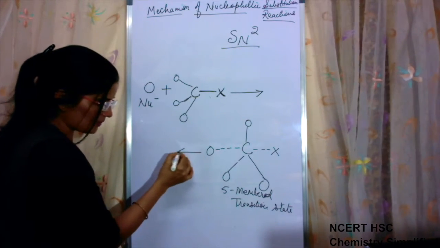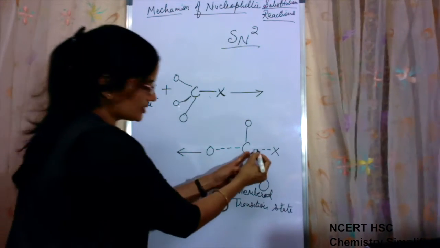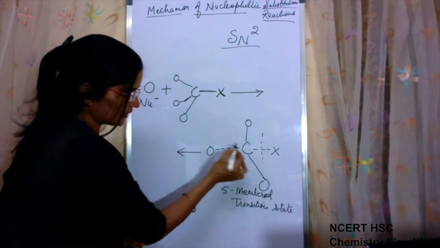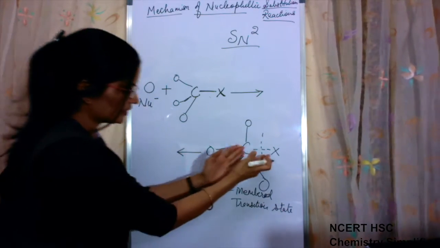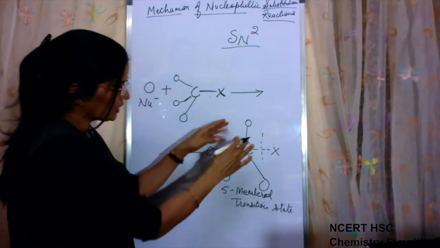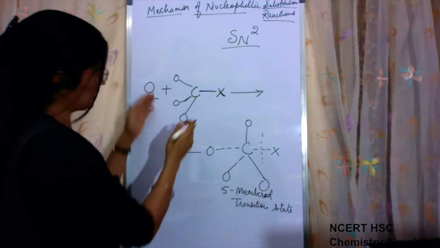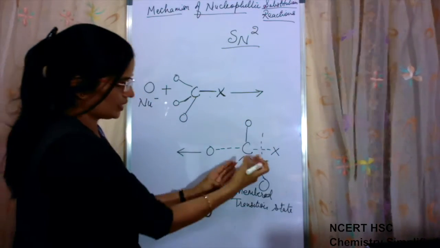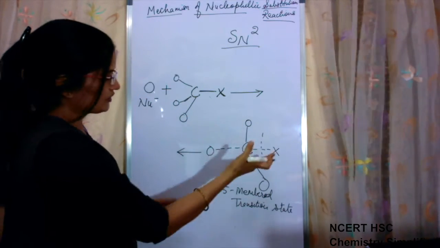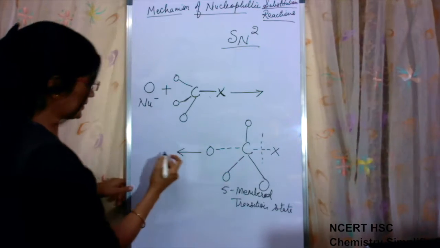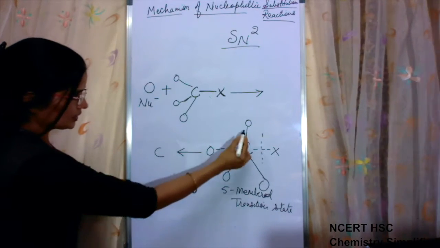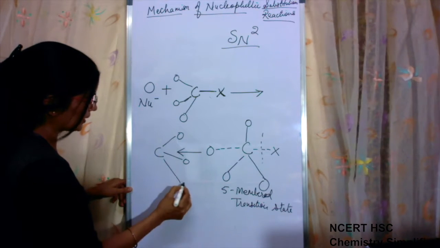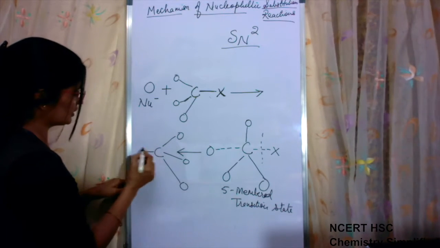In the next step, this bond is completely going to be separated and this bond is completely going to be formed. But when this separates and this forms, the orientation of the molecule will change. In the beginning, it was on the left side, then it came in the middle, and when the product is formed, it will go to the right side. Carbon: these three bonds will shift like this, 1, 2 and 3, with a new bond formed.